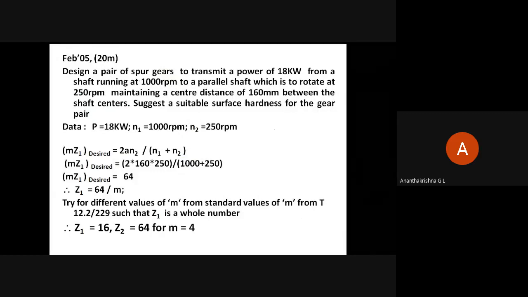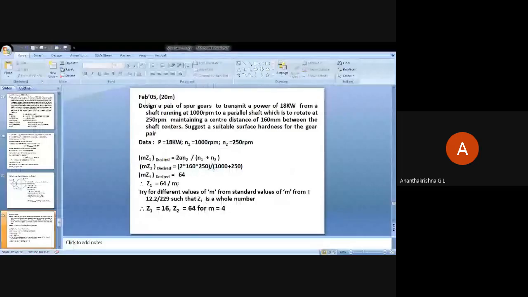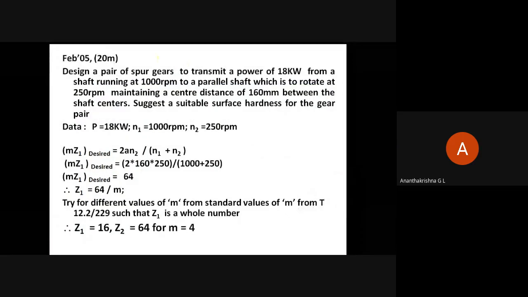Design a pair of spur gears to transmit a power of 18 kilowatt from a shaft running at 1000 RPM to a parallel shaft which is to rotate at 250 RPM, maintaining a center distance of 160 mm between the centers.